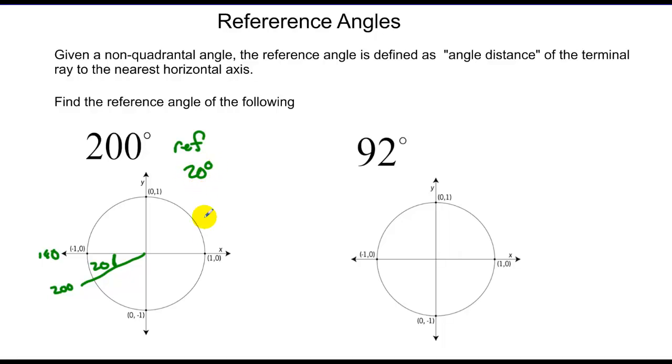is 20 degrees. And what's unique about that is, in a circle, since it's symmetric about an x and a y axis, this horizontal here and vertical here is the same horizontal and vertical as what it would be over here.